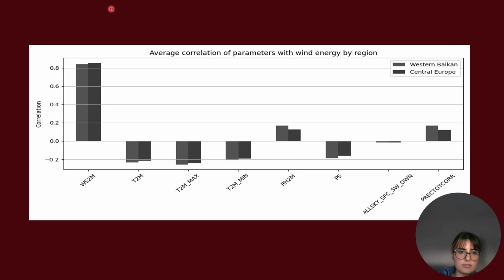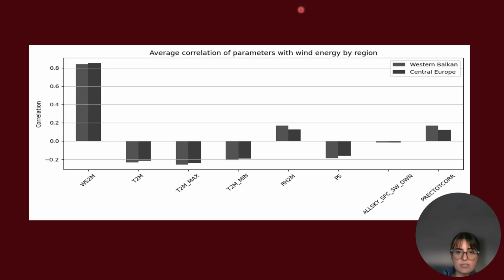Meaning that the negative predictors, the temperatures, show a negative correlation of roughly 0.15 to 0.20, with the Western Balkans again showing a slightly stronger negative correlation than Central Europe.